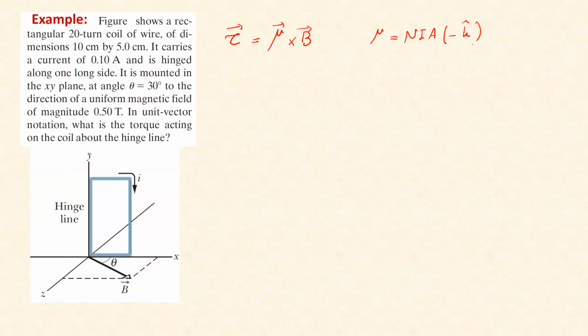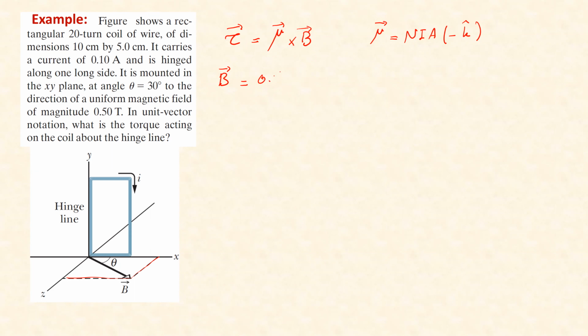So now you have mu, and what about B? If I want to write B in unit vector notation, what should I do? B, you see, it has two components, x and z. It doesn't have y component. So we can say magnitude times cosine theta, right?